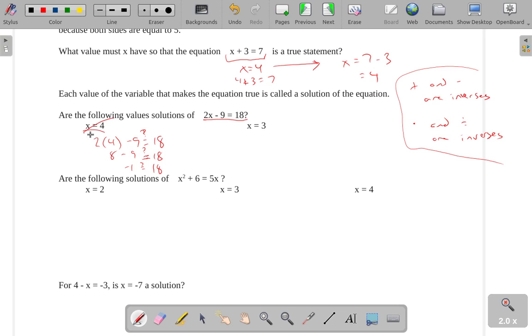So that means that x equals 4 is not a solution to this equation. If I was to try x equals 3, I could do the same thing. 2 times 3 minus 9 equals 18 with the question mark there. 6 minus 9 equals 18, and that one doesn't work either, because this is -3. So that means neither are solutions.